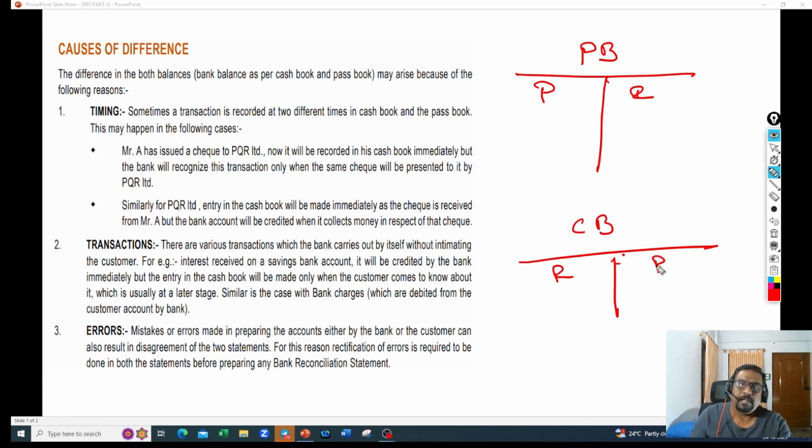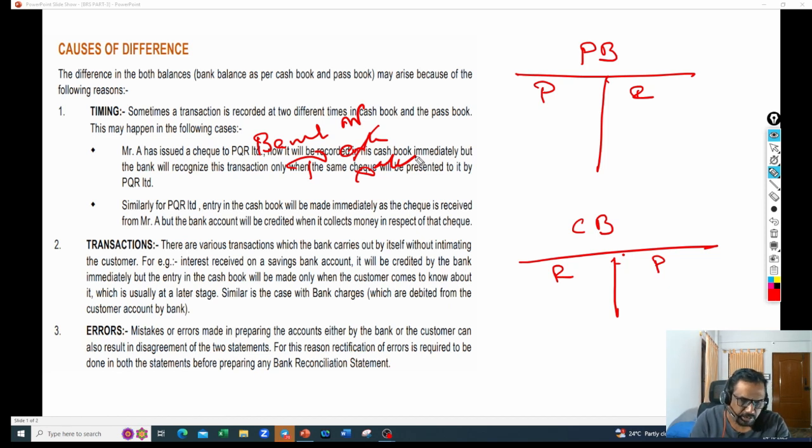So I deposited a 2,000 rupees check into the bank. What entry do I write? Bank account debit to either cash account, or maybe that check was received from X, so I created an X account.